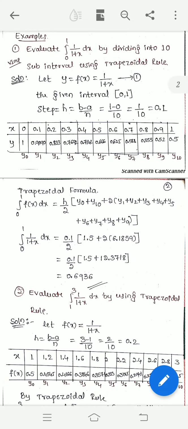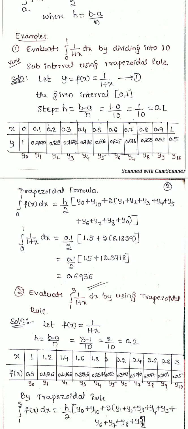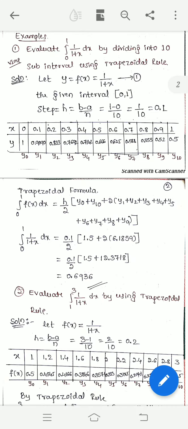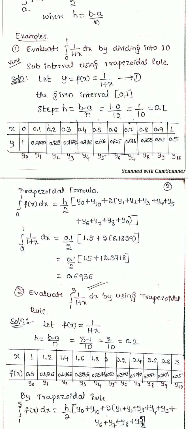Okay, if you calculate this, then we are getting the final answer as 0.6936. Okay, so this is the value of the integral from 0 to 1 of 1 divided by 1 plus x dx. Okay, this is the first example.